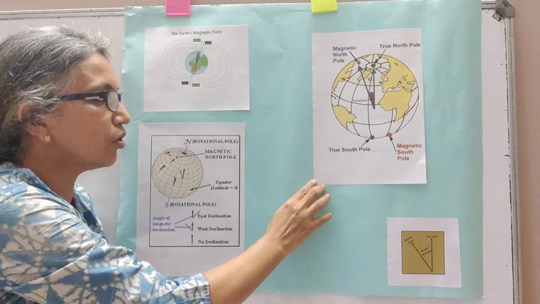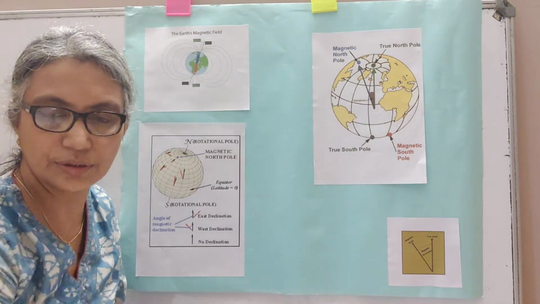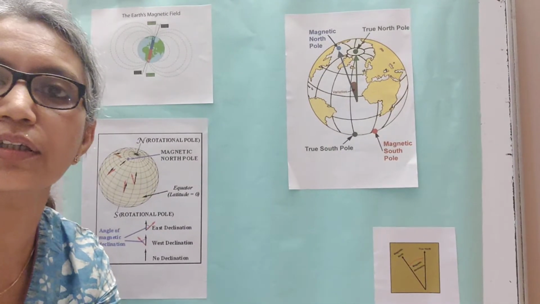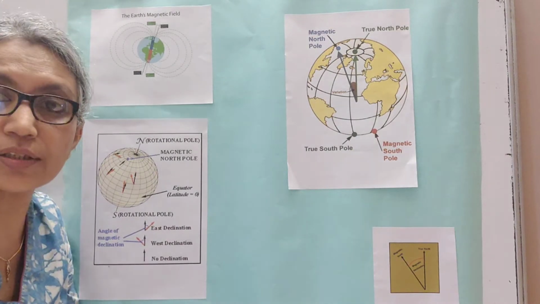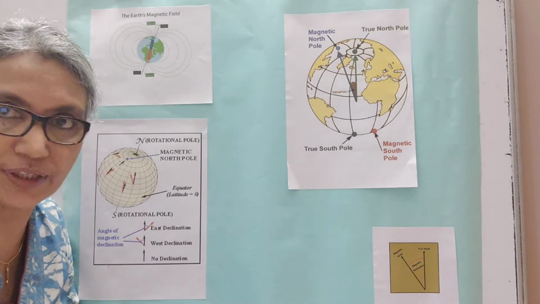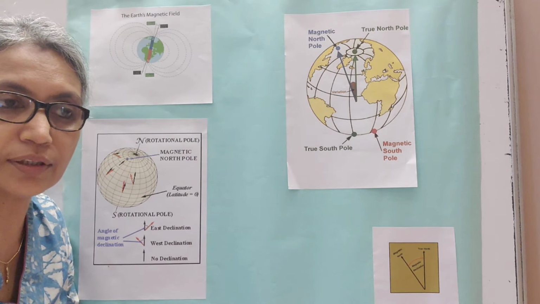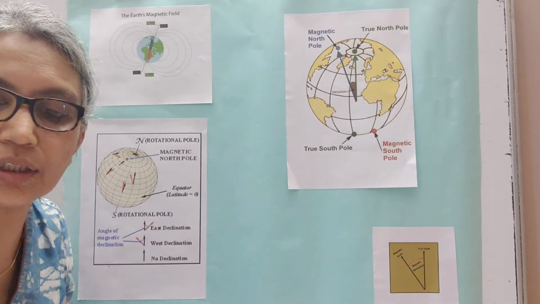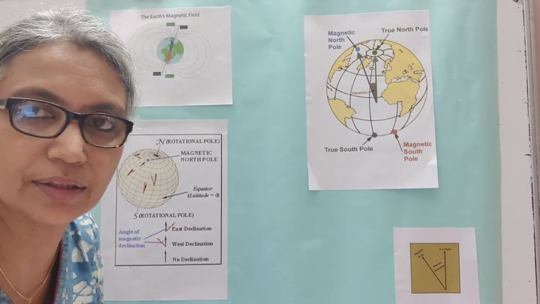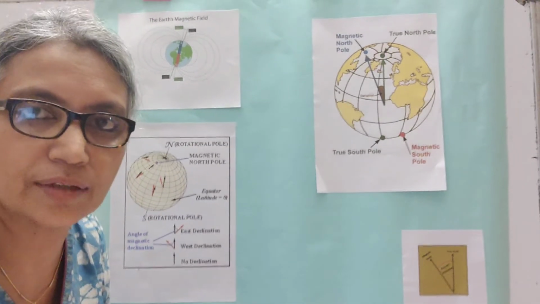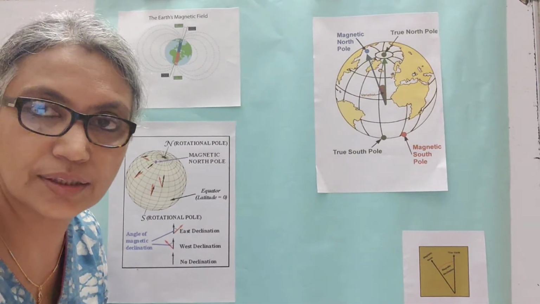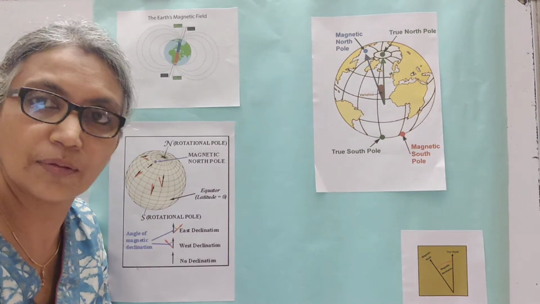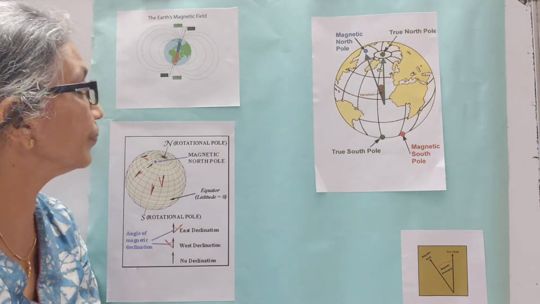The first thing that you should know is the angle of declination, and then the second element is the angle of dip, and the third element is called the horizontal component of the Earth's magnetic field. If you know these three elements, then you will be able to easily find out the magnetic field at a place on the earth, both in magnitude and direction.